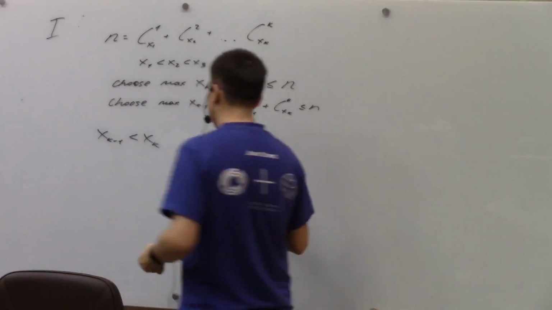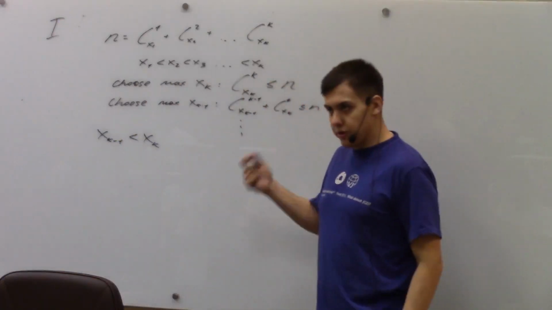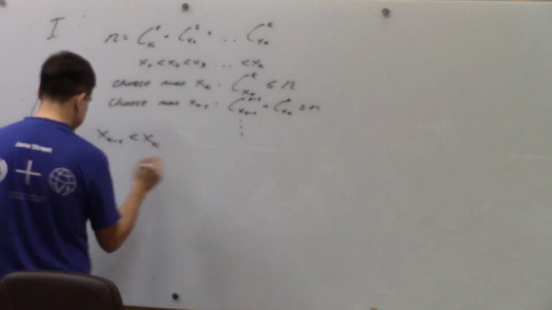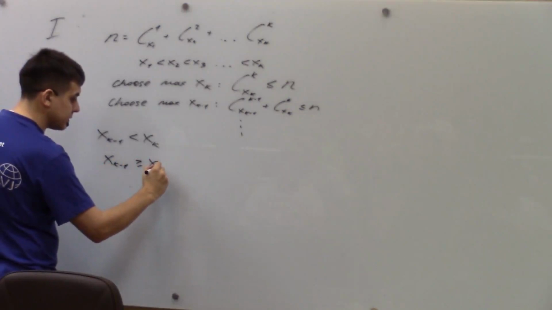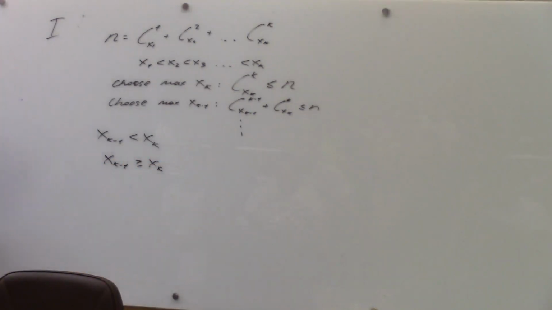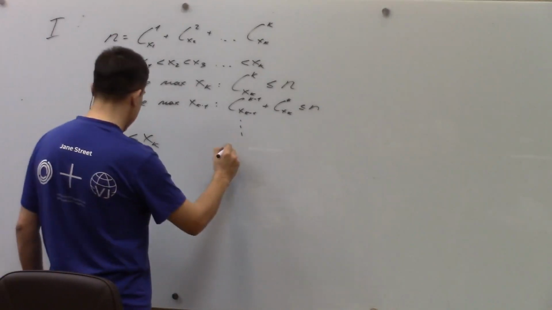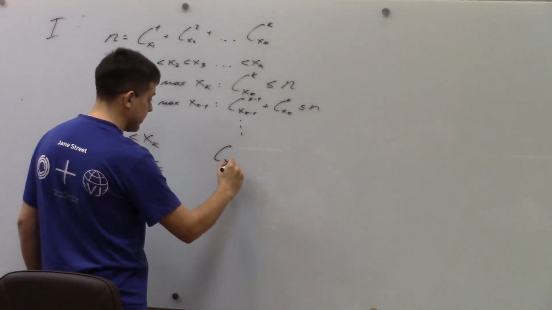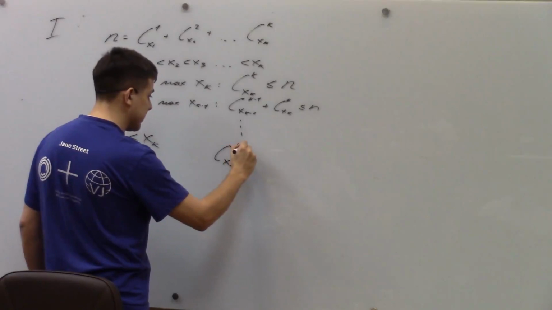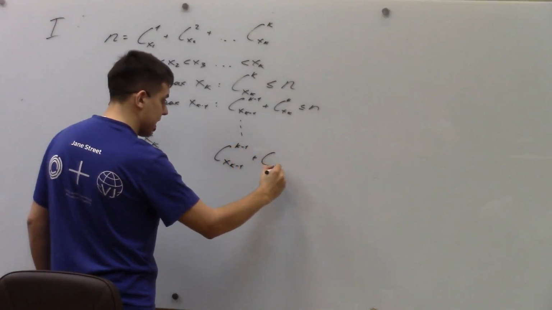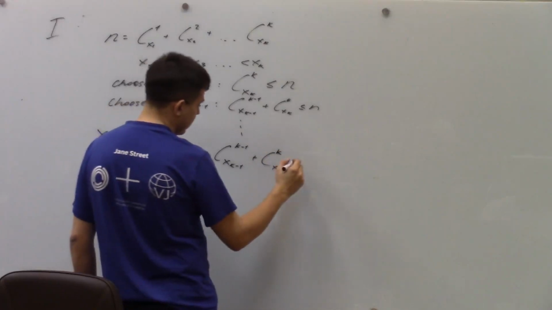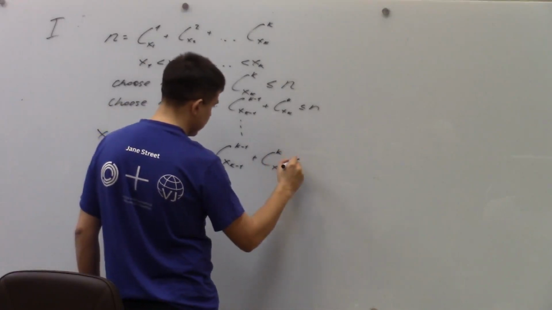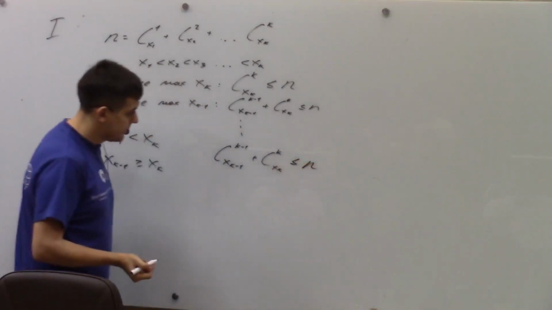So let's take the corner case. Let's assume that this is not true: xk minus 1 is greater than or equal to xk. So this means that xk minus 1 choose k minus 1 plus xk choose k is less than or equal to n.